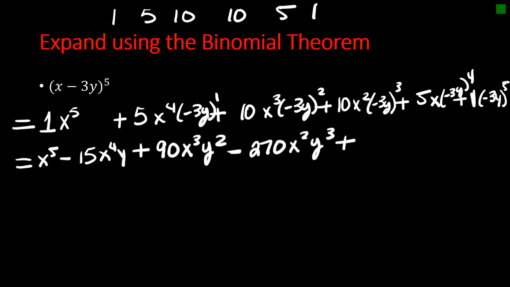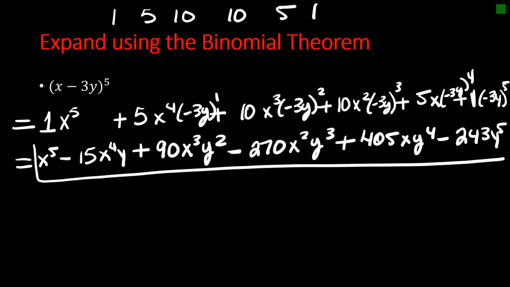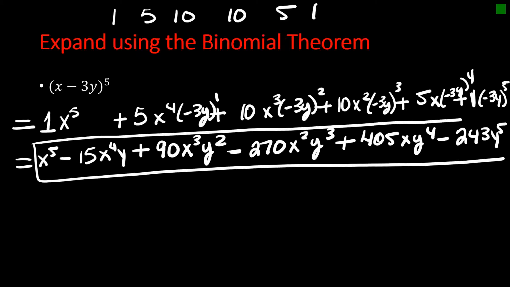So we have 3 to the 4th times 5, which is 405, x, y to the 4th. And then negative 3y to the 5th is going to give us a negative number, and that's 243y to the 5th. This is our binomial expansion.